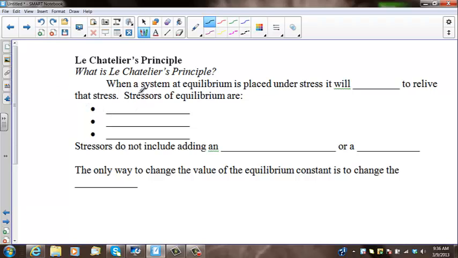Well, when it's under stress, it will shift to relieve that stress. And we just said stressors are changes in concentration, changes in temperature, and a change in pressure.